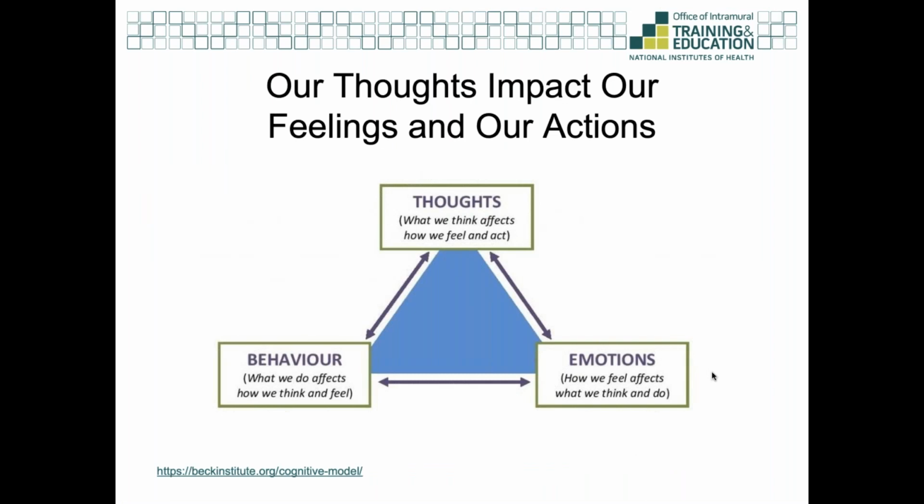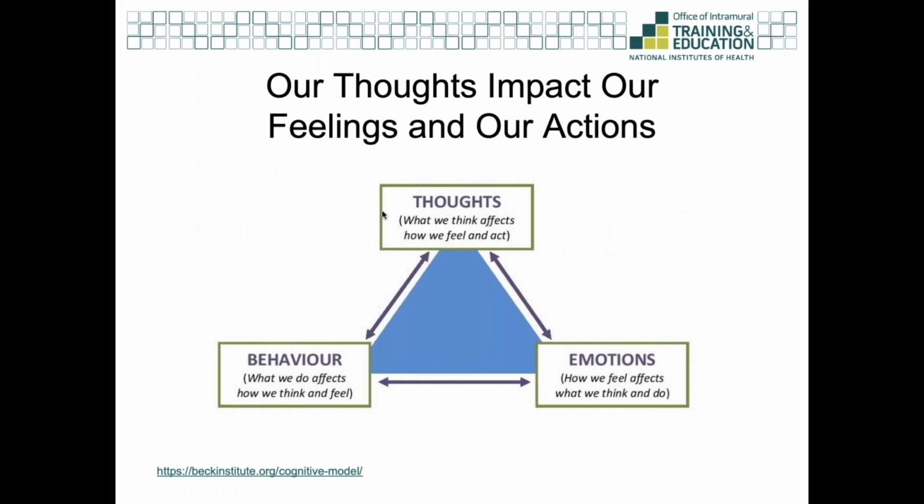So I just want to start our discussion of cognitive distortions and imposter fears by pointing out that we're going to be talking about the thoughts part of this triad. And what we think affects how we feel and act. And we really have control if we think about our thoughts. In some ways, our thoughts are our cognition, and what I'm talking about is metacognition, or the process of reflecting on our thoughts.